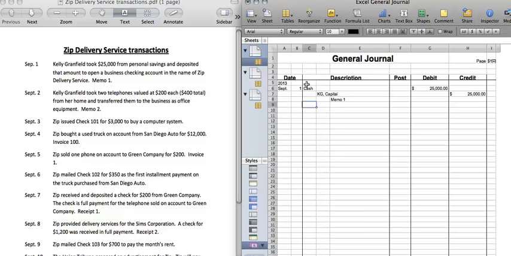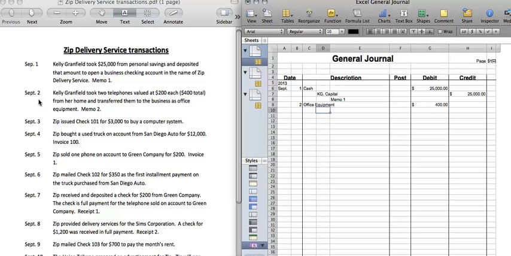So then we're going to start the next one. You can skip a line if you'd like to, or just continue on with the next row. So now we're at September 2nd. On September 2nd, Kelly Granfield took 2 telephones valued at $200 each, $400 total, from her home and transferred them to the business as office equipment. So it's given right there that the telephones are called office equipment. So we're going to go ahead and debit office equipment for the total, $400.